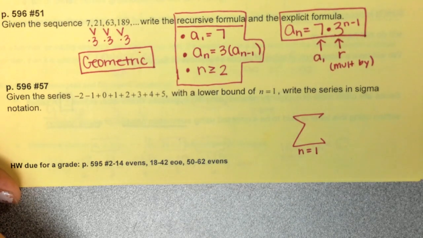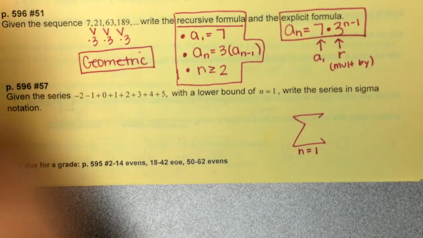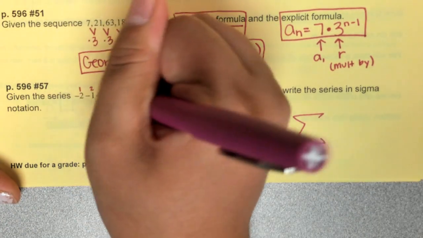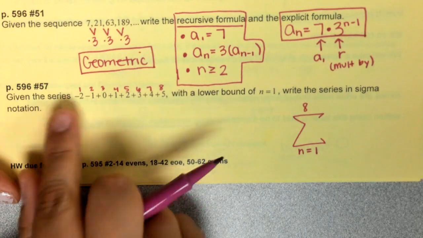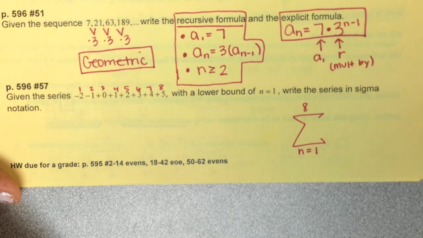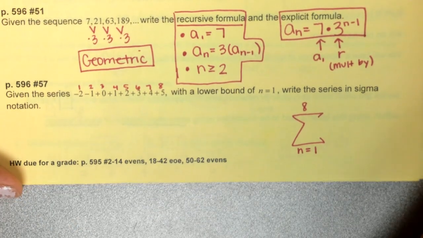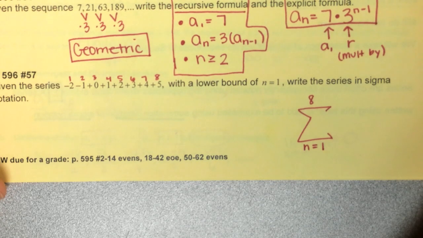What is the upper bound? How'd you get 8? 1, 2, 3, 4, 5, 6, 7. There are literally 8 numbers there, so the upper bound is 8. Last but not least, I need an equation.